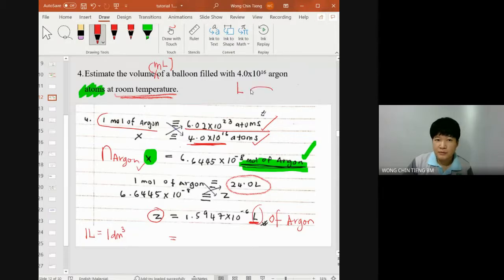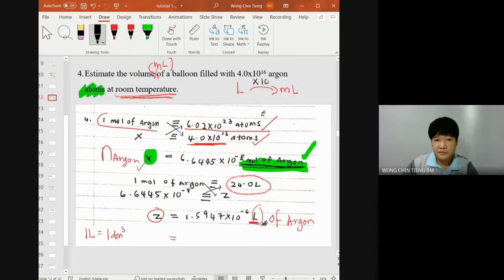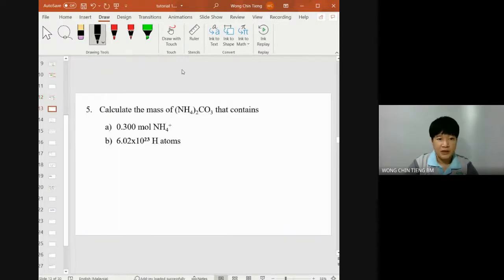Liter to milliliter. Tahu? Darab 1000. Darab 1000. Okay. Darab je 1000, kamu akan dapat in milliliter. Pun boleh. Kalau soalan tak minta, mana-mana sebagai jawapan pun boleh. Kalau soalan minta spesifik, mesti kena jawab ikut unit dia. Akan ada soalan macam tu. Okay. Alright. Simple. Soalan 5 kita dah bincang.